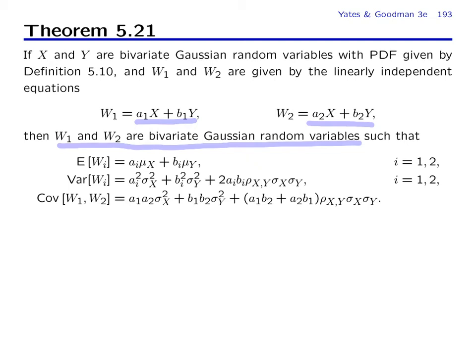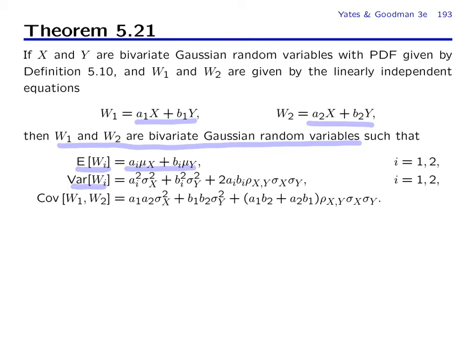What makes this theorem so useful is that the calculation of exactly what the joint PDF of W1 and W2 is becomes really simple because all you have to do is go back to simple principles and calculate the expected value of W1 and W2. Here it is generalized for Wi, where i is 1 or 2.